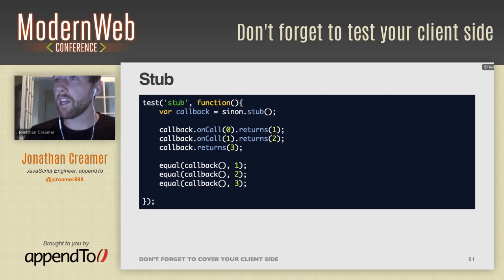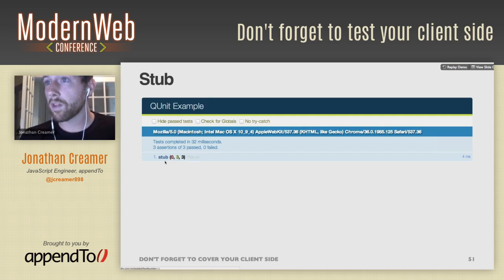So here I can say on call 0, the first call that this callback is run, I need it to return the number 1. The second time I want it to return the number 2, and the third time, or every time after the third time, I just want it to return 3. So you can see that when I run this, that's what happens. You get a little bit more control over how everything runs.